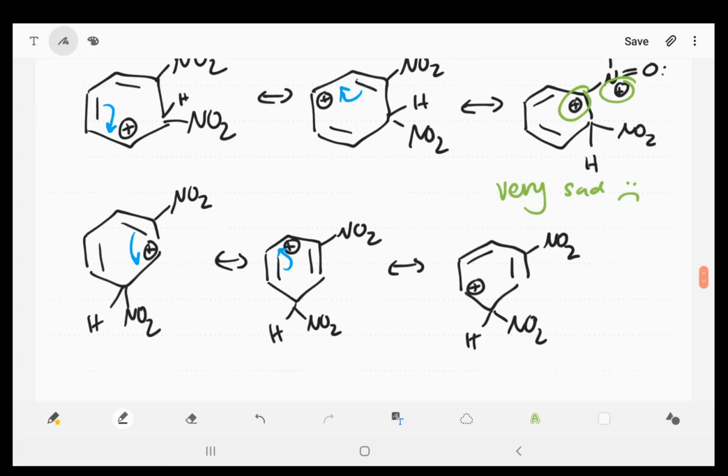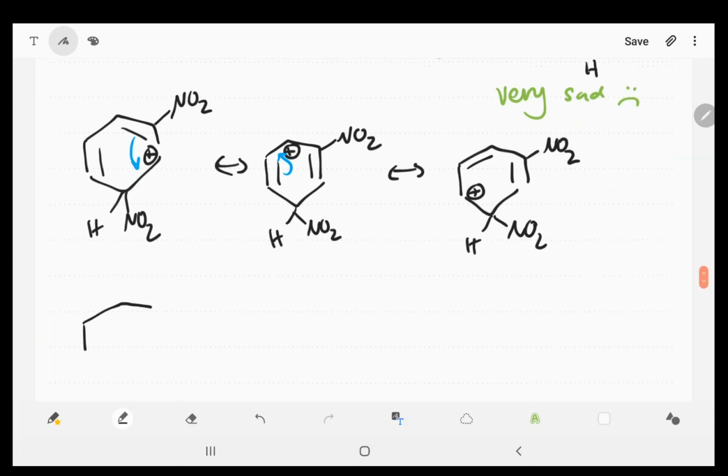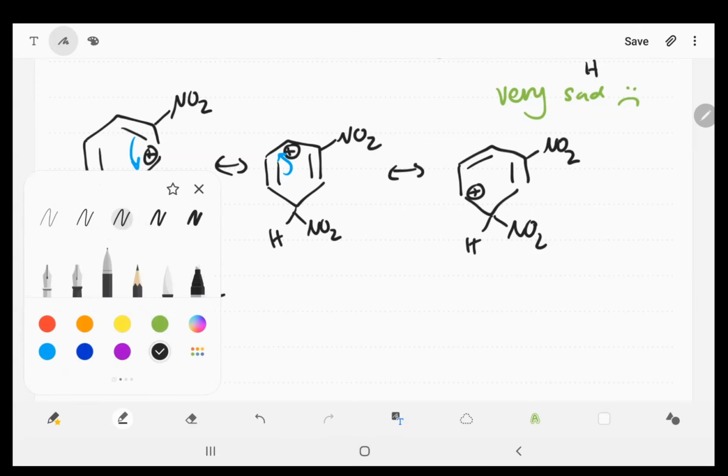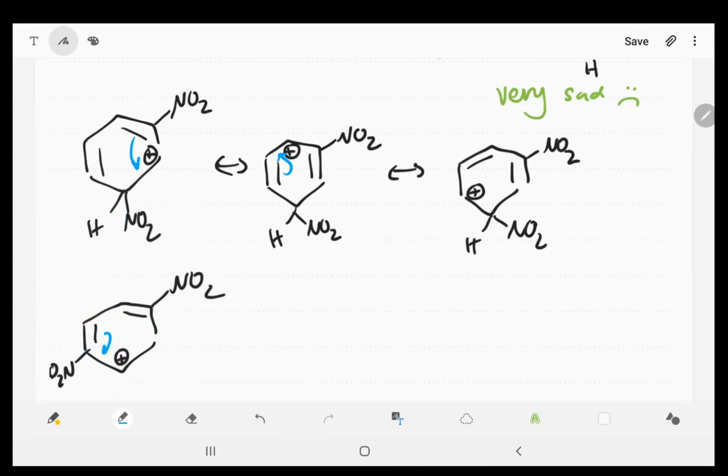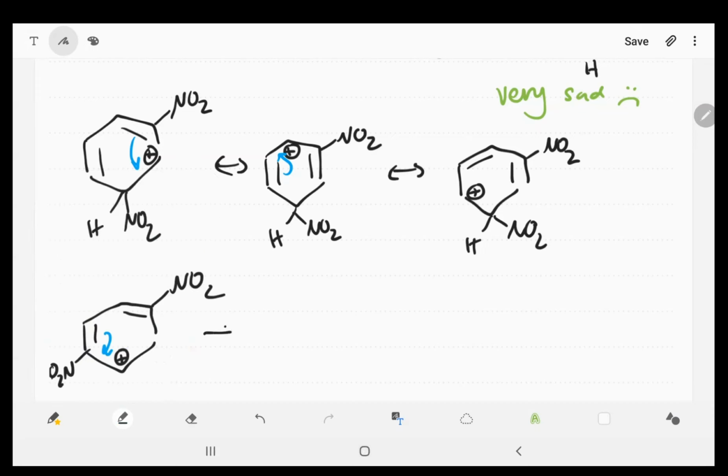If we take a look at the para position, we're going to see we have the same story as with the first one. So if we resonate, oh my god, I'm drawing so many resonance structures. My hand is going to be hurting at the end of this.